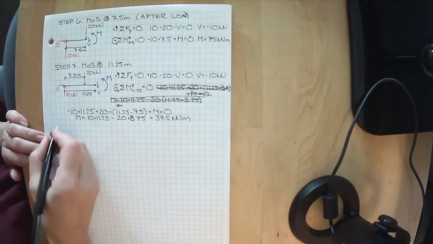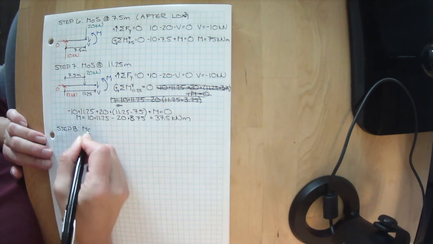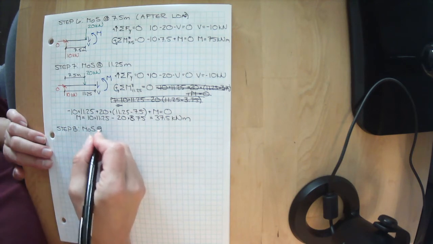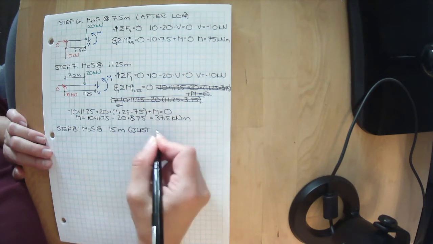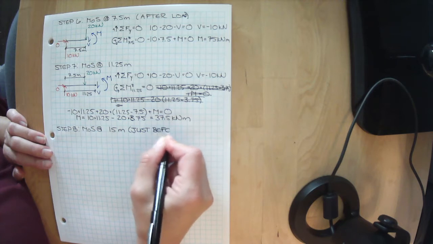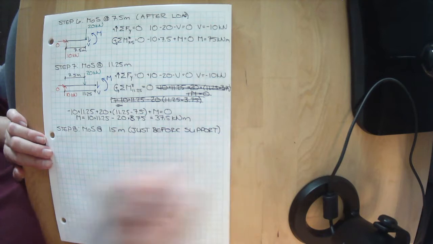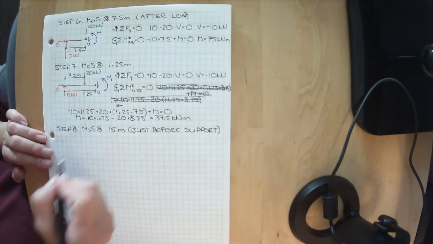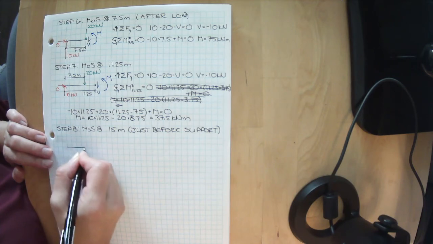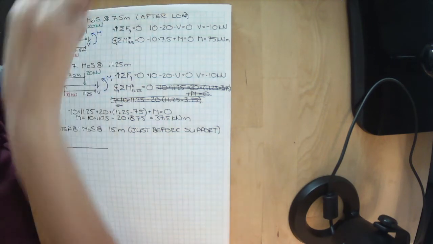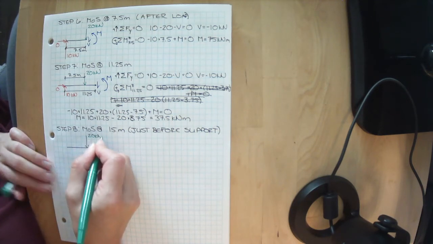Okay, it seems like we only have one more cut we need to make now. We're going to make our cut right before the end of the beam. So at 15 meters, but just before the support. Okay, so we're talking just before our reaction would occur. So we have a 20 kilonewton point load.